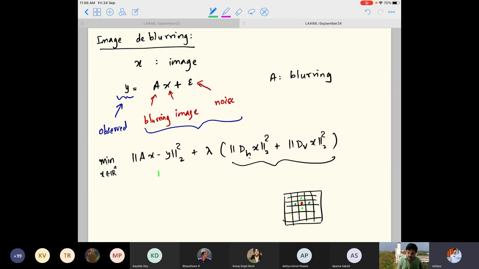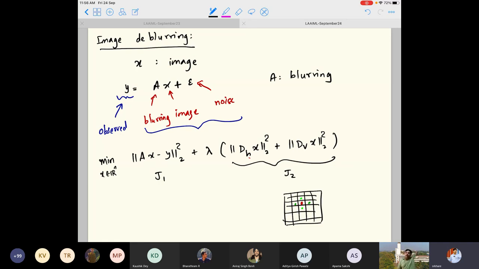This is your primary objective J1. You want to reconstruct or recover the image through the primary objective. But at the same time, with your secondary objective J2, you are asking that the recovered image be as smooth as possible.